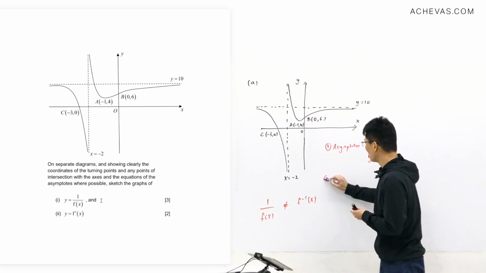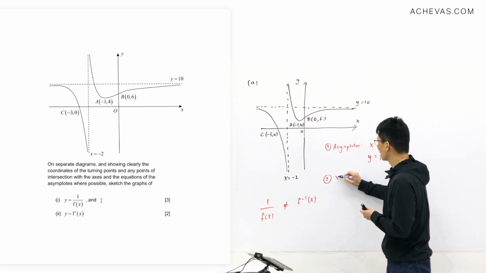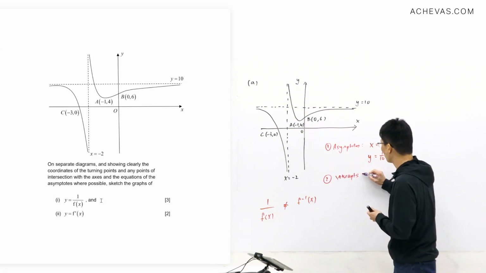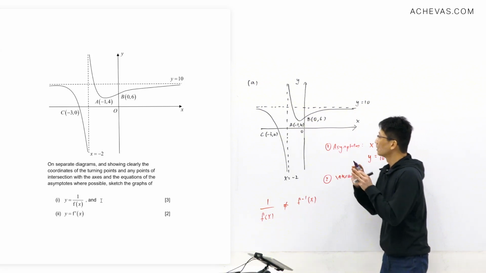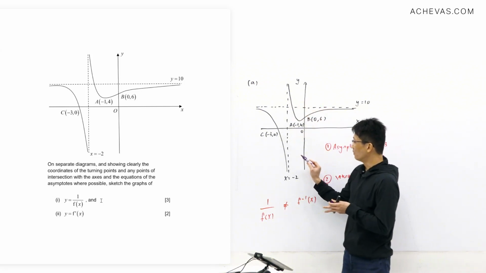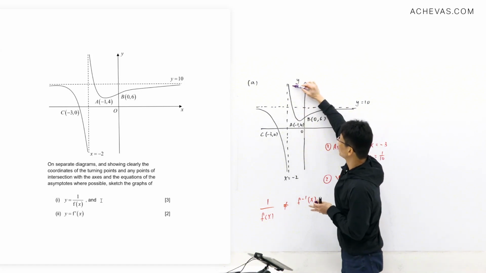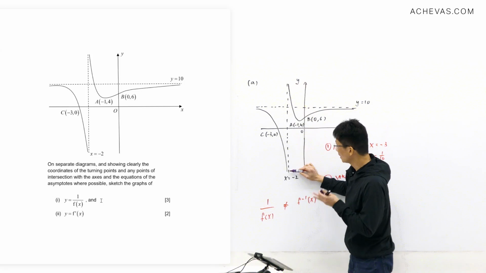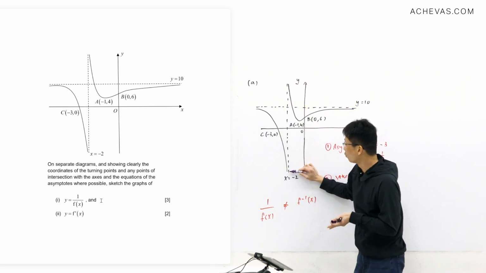Right, the second thing we want to look at is the intercepts of the 1 over f(x) curve. The first thing that we look at is the vertical asymptote. When you have a vertical asymptote, part of the curve will tend to a very large y value or a very large negative value of y.